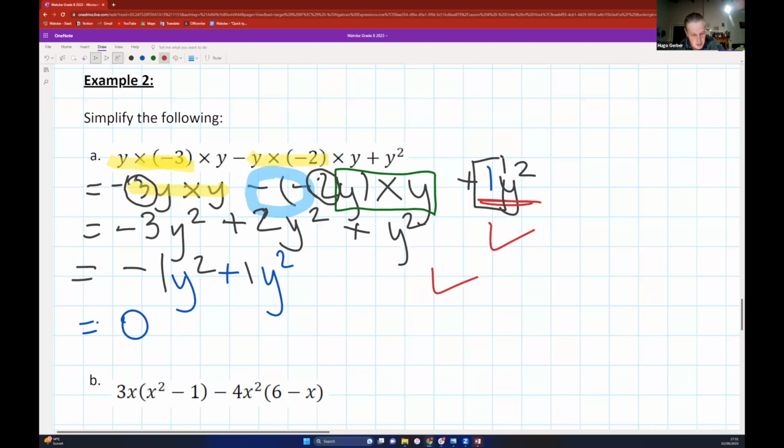Sir, why do we remove the negative that was in front of the y? Which negative? Why did we remove the negative? Yes, in the second term, it's a negative y times the negative 2. Why do we remove the negative? Okay, negative y times negative 2. So what I did there is I left this first negative here.